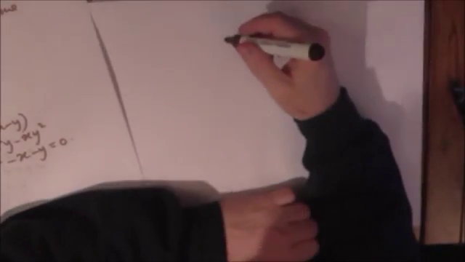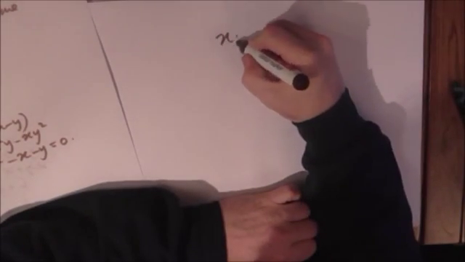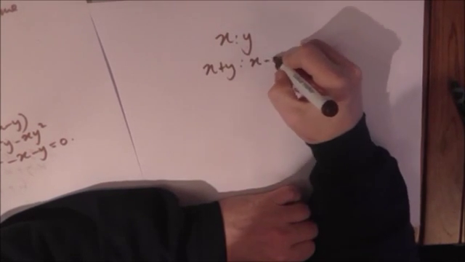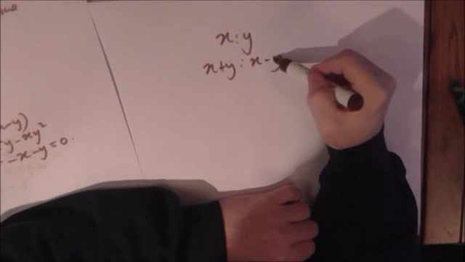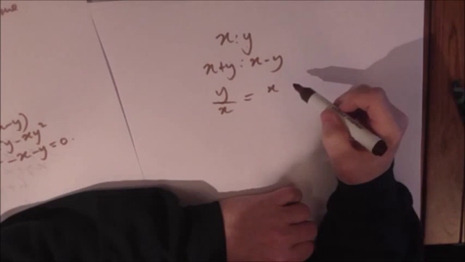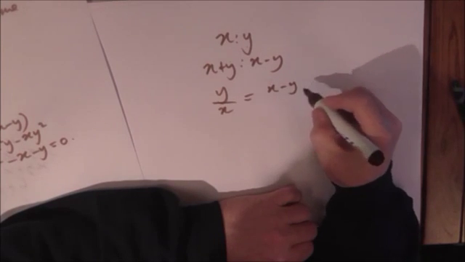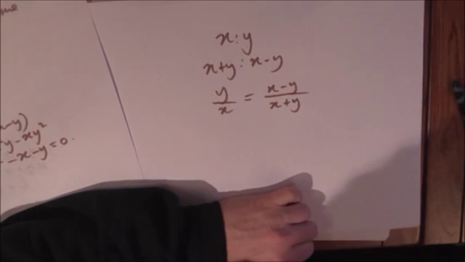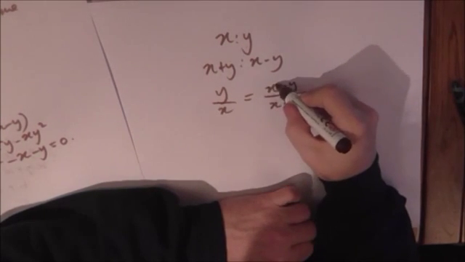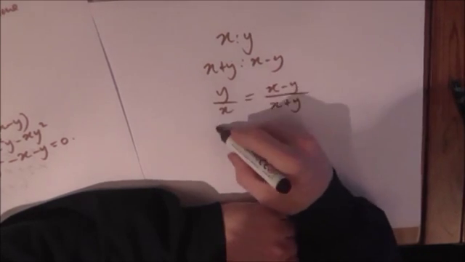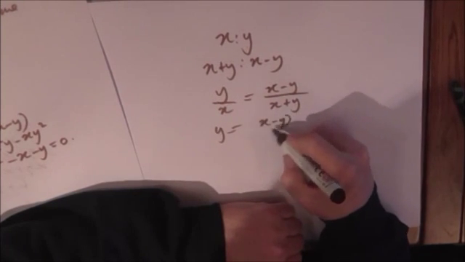Okay, so let's try it. If you divide that by that, you get the same as dividing that by that. So y divided by x equals x minus y over x plus y. Times both sides by x, you get this.